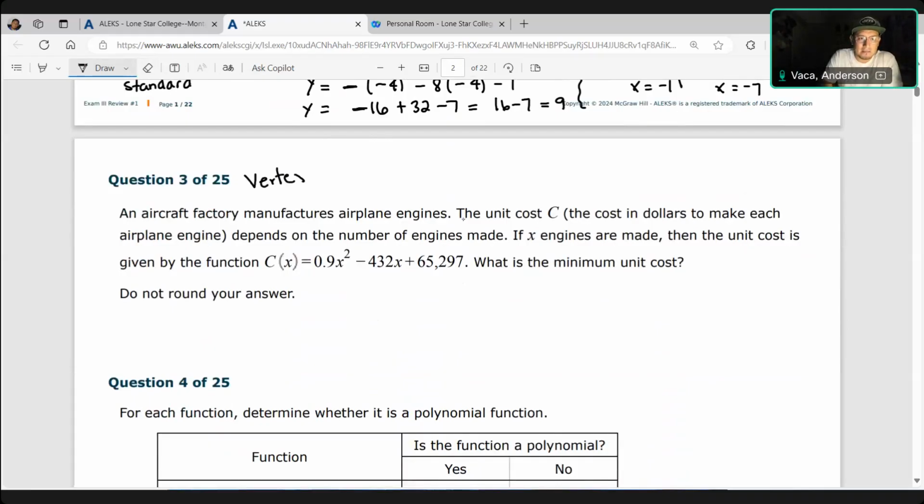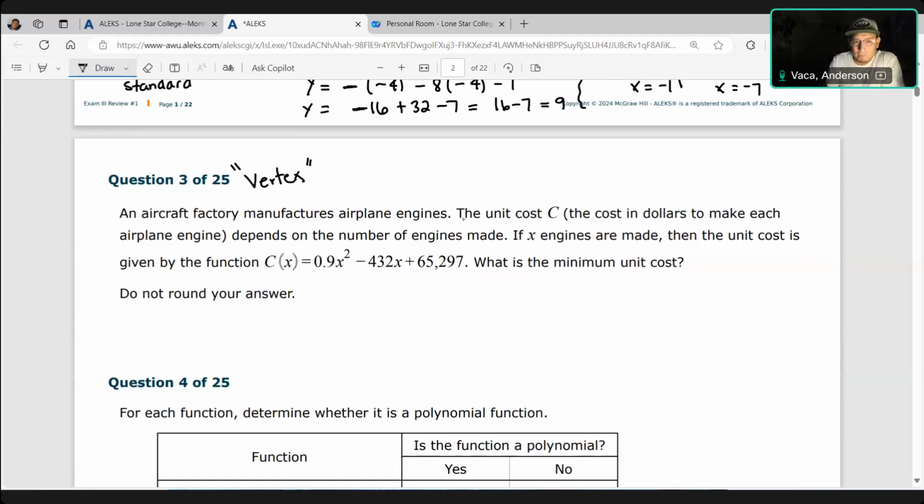These situations are just asking to find the vertex. Notice that this cost function is a quadratic function, so don't forget that we need to find the vertex. X is the number of engines that are made. So what is the minimum unit cost?